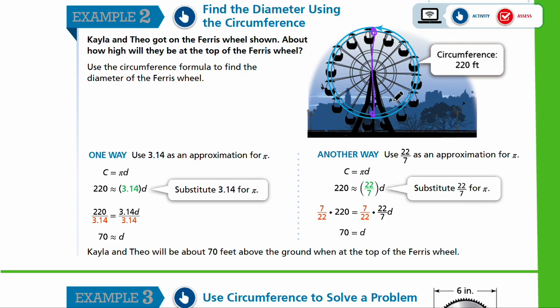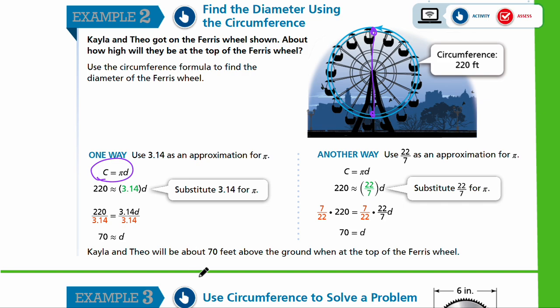So we're trying to figure out the diameter. So we have the equation circumference equals pi times the diameter. We already know circumference, so substitute 220 for C. And then you can divide 3.14 on both sides to get D, which is about 70.